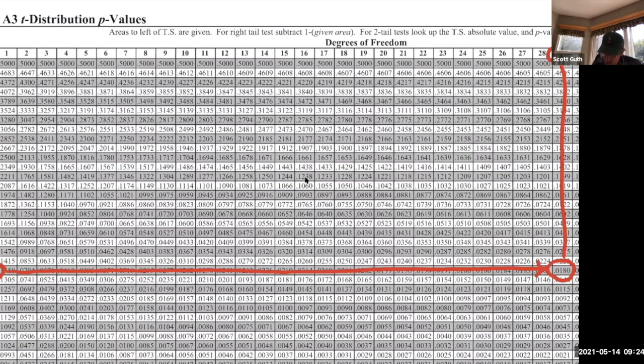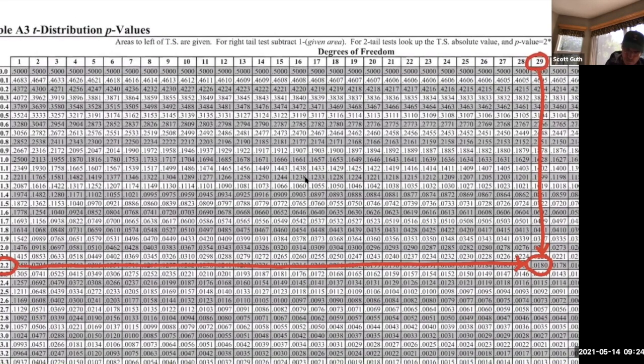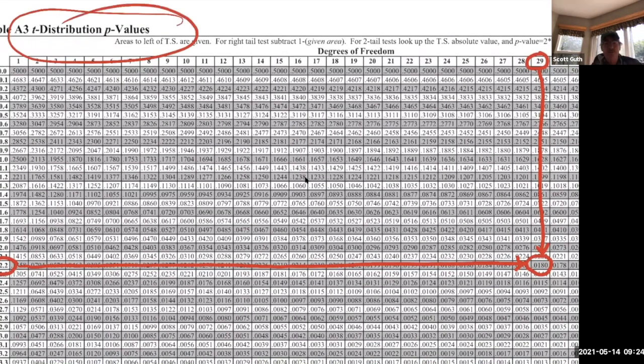Okay, is there any question about what I did just now for the t distribution? Again, these are p-values. The table says it. It's t distribution p-values. So if you know it's t, then you know to use this table for your p-value. Okay, any questions?